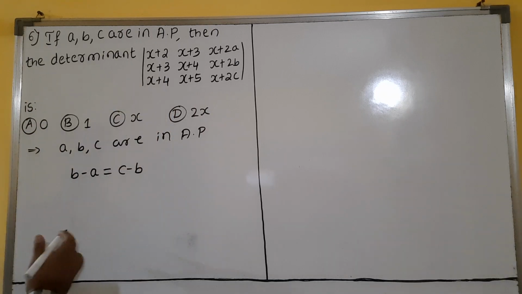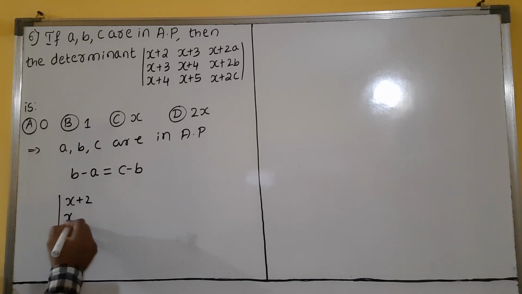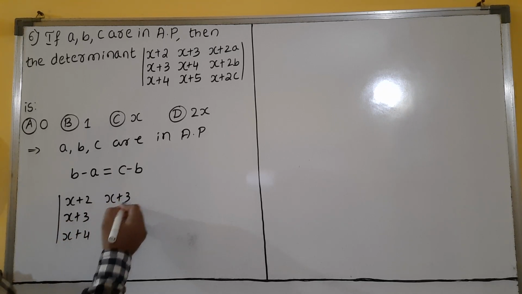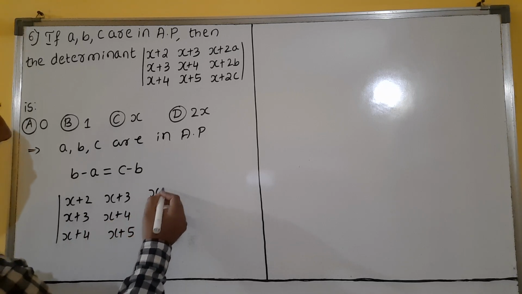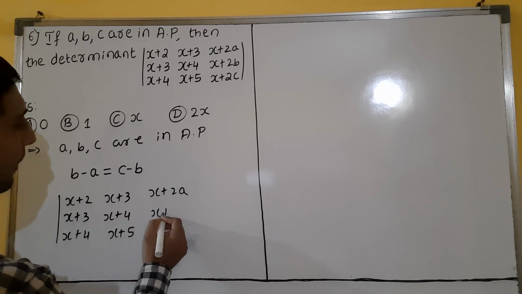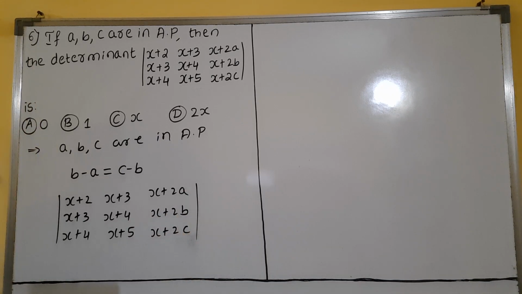So now you write the determinant. The determinant is: x plus 2, x plus 3, x plus 4; x plus 3, x plus 4, x plus 5; x plus 2a, x plus 2b, x plus 2c. Now this one I have to solve.